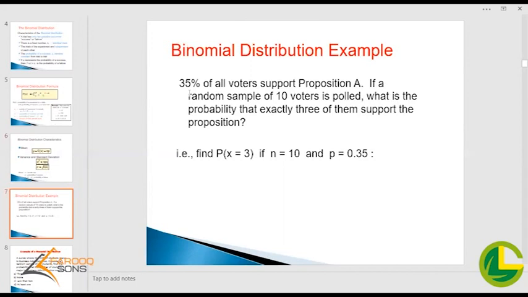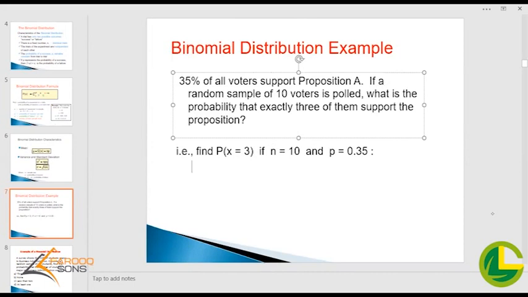So actually this is called data. 3 is our required value, n is 10, the number of trials is 10, and p is 0.35.